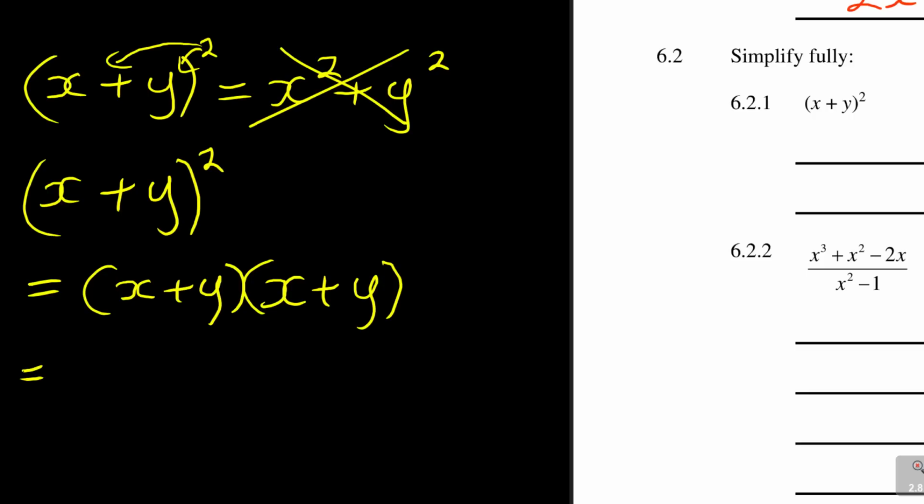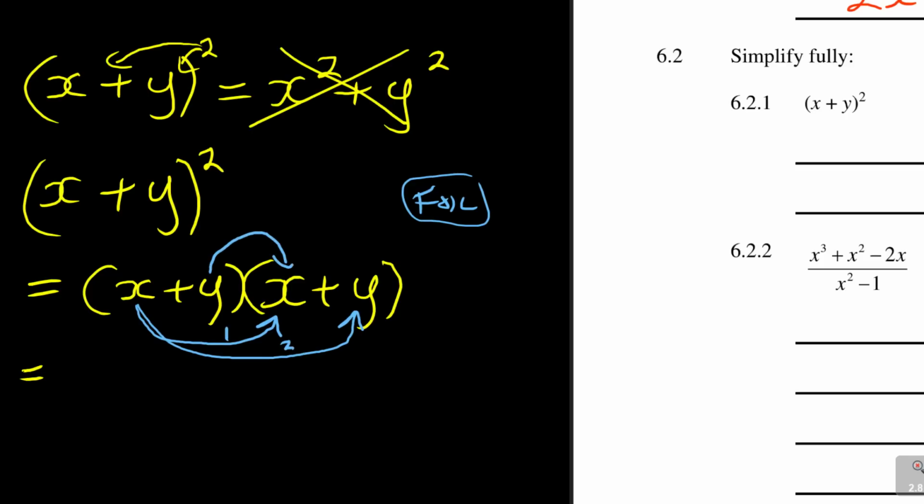Now the next one, you need to expand. If you remind yourself from school, you use the FOIL method. Remember that when they say FOIL, that multiplies. That's number 1. Number 2, that x multiplies there. Number 3, this multiplies. And then number 4, this multiplies, and then you simplify. So what we have here is x times x, which is x squared.